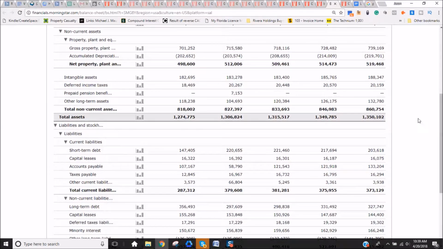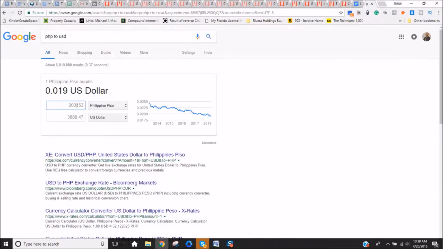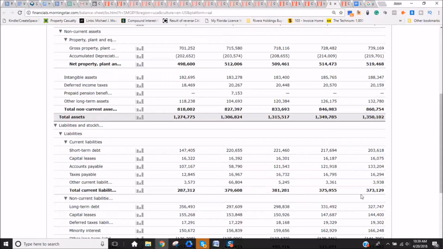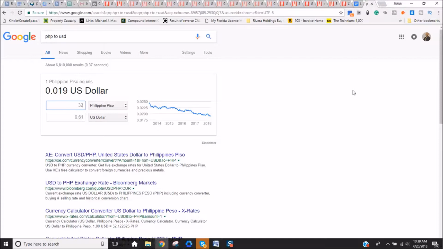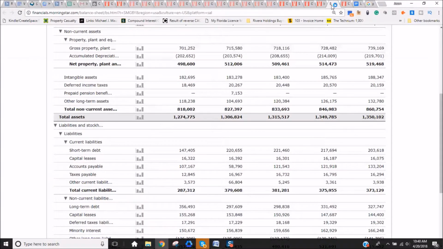Plus debt 203,618, plus 3,897, plus 327,747, plus 626,273 equals 12,752,000. And then they do have minority interest.